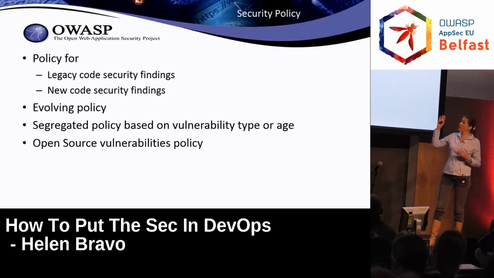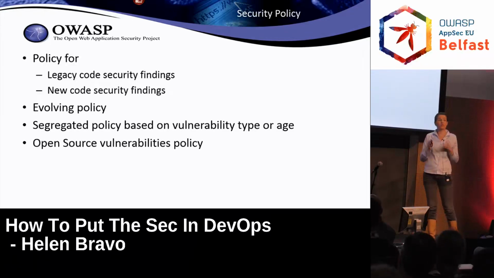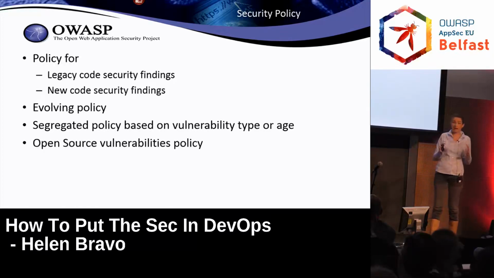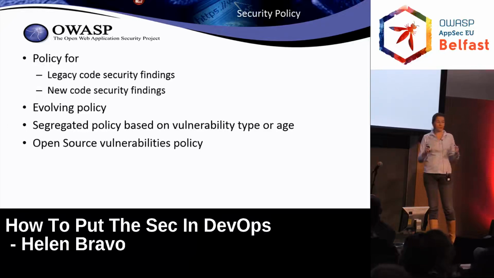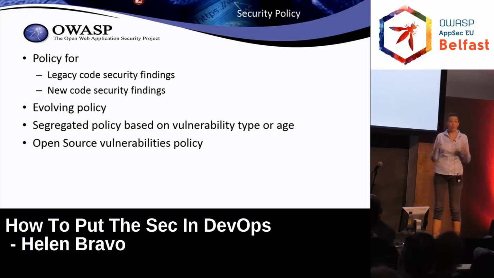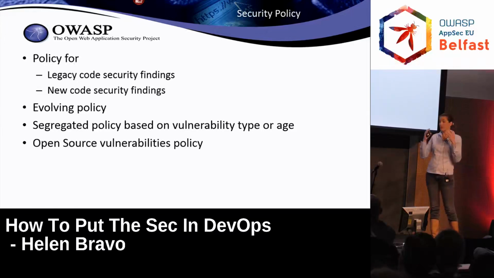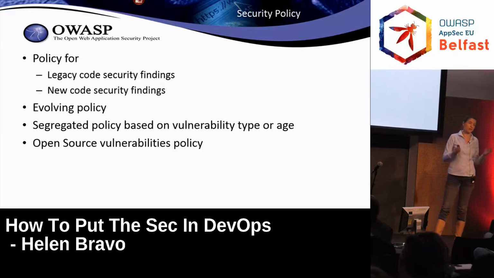One of the possible approaches, which especially works for legacy projects, would be dividing into backlog and new findings. If you have 1 million lines of code or 3 million lines of code, and you scan with a SAST tool, for example, a project of that size will probably bring you hundreds of findings.